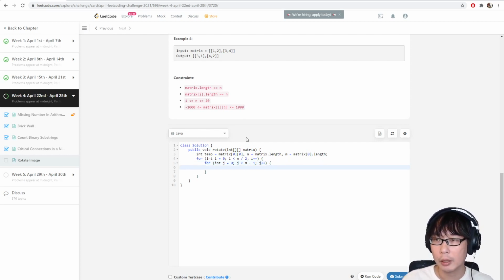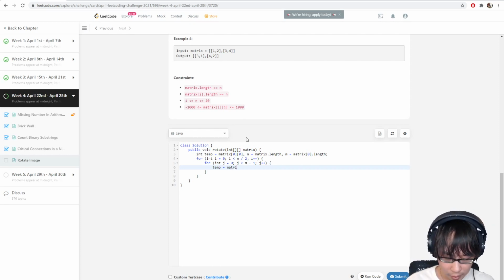Okay, so the first index will be int. So do we have a temp? Yes, we do have a temp. Temp equals matrix. I start with i.